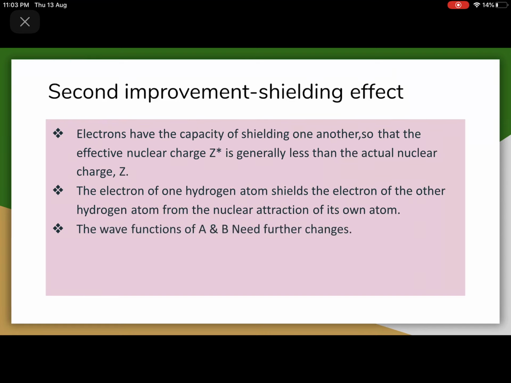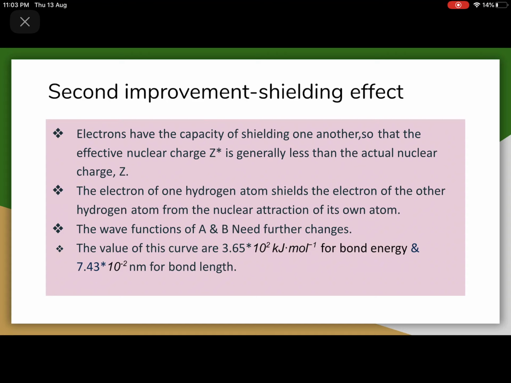The wave functions of A and B need further changes, and those changes give the values for this curve: 3.65 into 10 raised to 2 kilojoule mole inverse for bond energy and 7.43 into 10 raised to minus 2 nanometer for bond length.